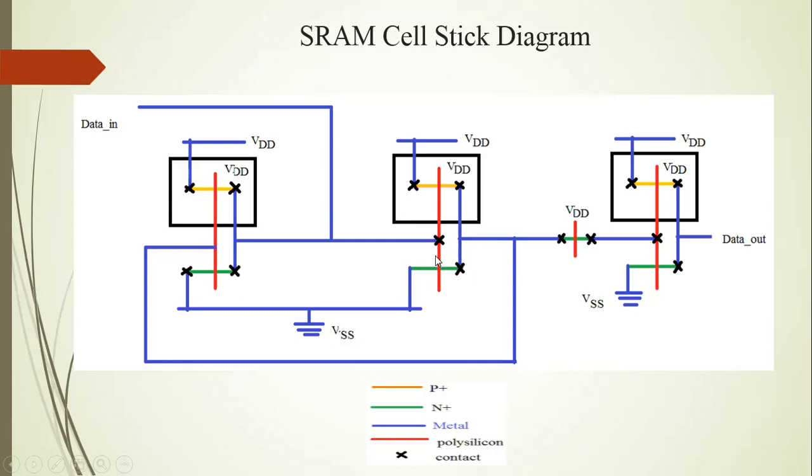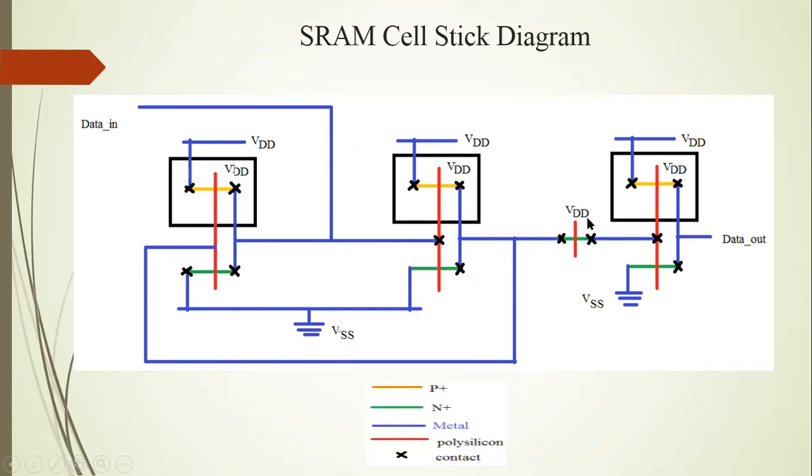Here is polysilicon gate. Data in input is applied here, and this input goes to the gate input of this inverter. This inverter's output is connected to the other inverter's input according to the previous diagram, and that inverter's output is passed through this NMOS.